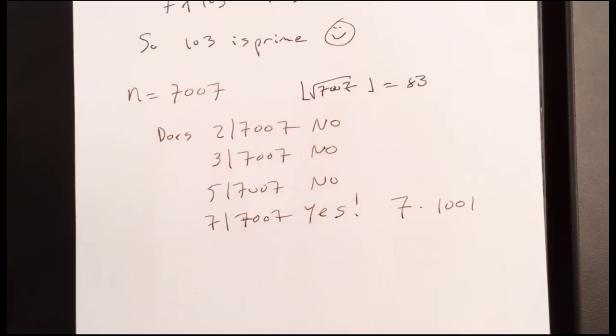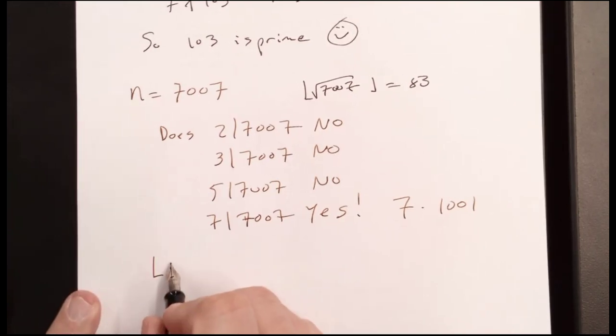Well, now I can repeat the process on 1,001. And since neither 2 nor 3 nor 5 worked, I don't have to check them again. I can start my loop from 7.